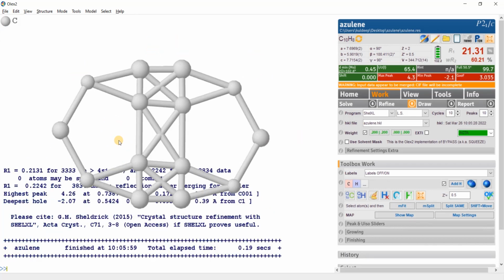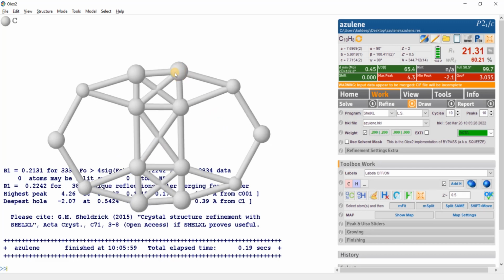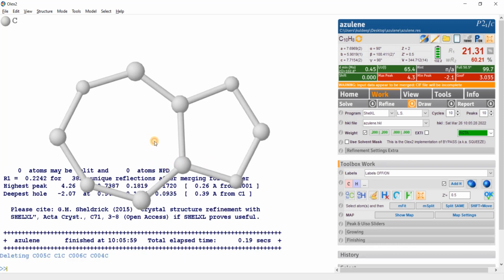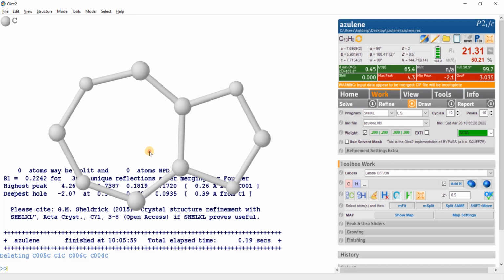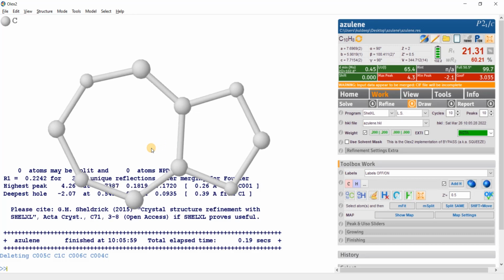So I am joining the refinement from the same place, and I am going to delete these 4 atoms, and this is an azulene molecule. Now I don't want to use PART -1 or -C. I can use some other way to model this disorder.